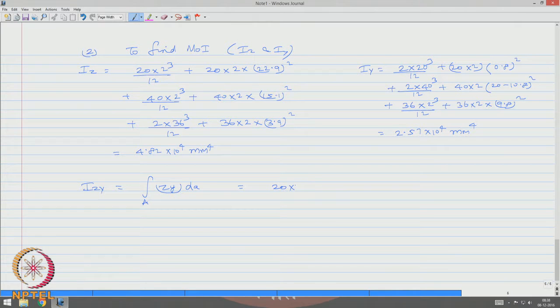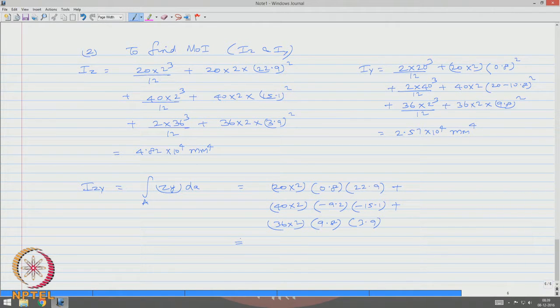For part 1, 20 into 2 is the area and the z value and the y value, plus part number 2, 40 into 2, and the z value is minus 9.2 and the y value is minus 15.1, plus the third part, 36 into 2, is 9.8 positive and 3.9 positive.